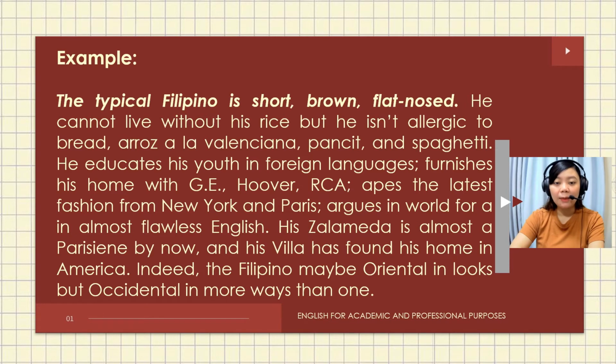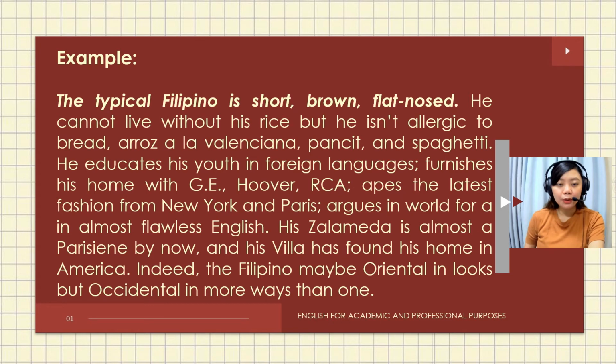Arroz a la Valenciana, pancit and spaghetti. He educates his youth in foreign languages, furnishes his home with Hoover and RCA, apes the latest fashion from New York and Paris, argues in almost flawless English. His Alameda is almost a Parisian by now, and his villa has found its home in America. Indeed, the Filipino may be Oriental in looks, but Occidental in more ways than one.